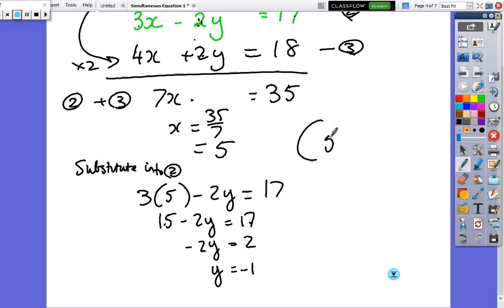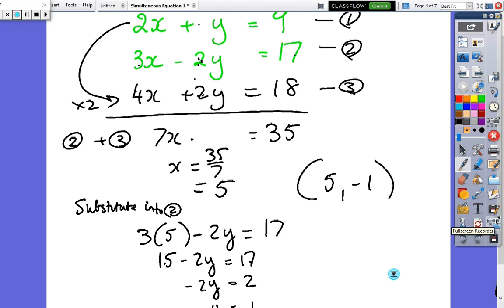So the solution is 5, minus 1. That's an example where we could not eliminate x or y because they didn't have the same number, but you can easily change one of the equations so both have 2's, or if you're looking at x, they both have to have 6's, so you'd have to have two new equations. But anyway, just copy that and come across when you're ready.